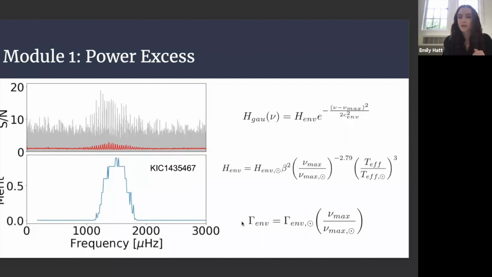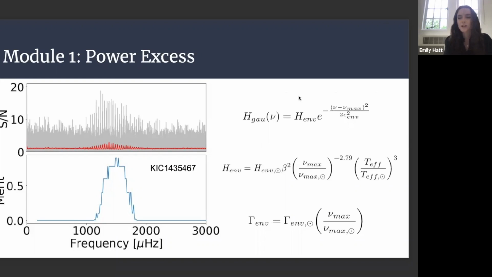And now we need to calculate H1, but of course we need some prediction to compare to. So to do that, we again make this argument that this test frequency is nu max, and then we use the assumption that the envelope would follow a Gaussian shape and just use the Gaussian distribution, which you can see up there. So we have relations for everything in this apart from the height of the envelope.